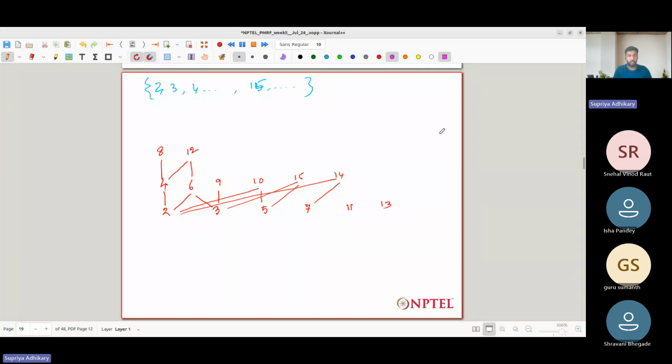From the basic diagram of these first 15 elements, what we can see is that the set of all minimal elements is nothing but this: 2, 3, 5, 7, 11, 13. So basically all the prime numbers.